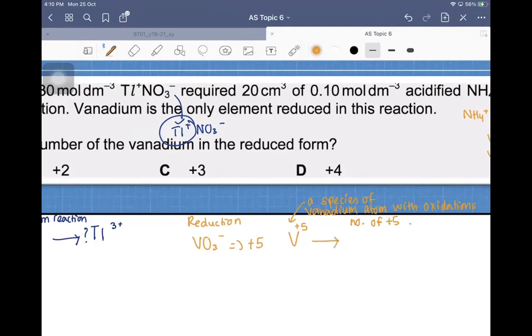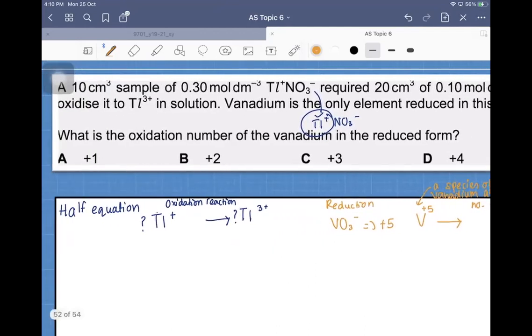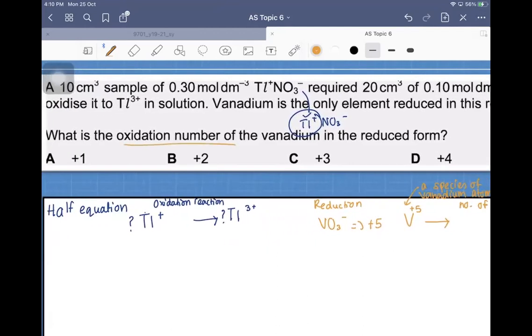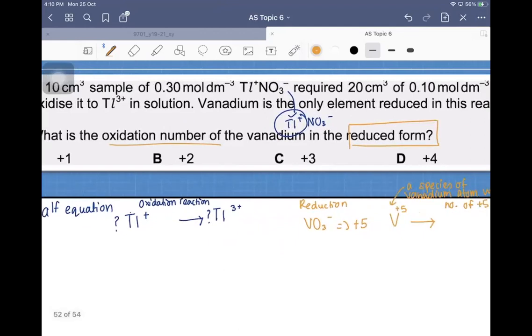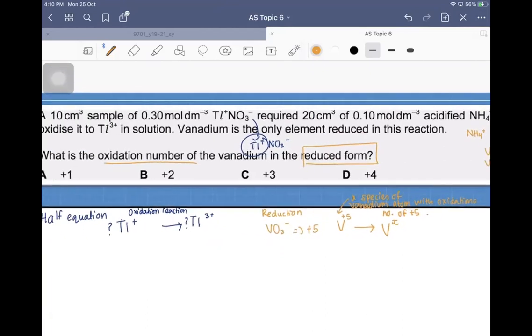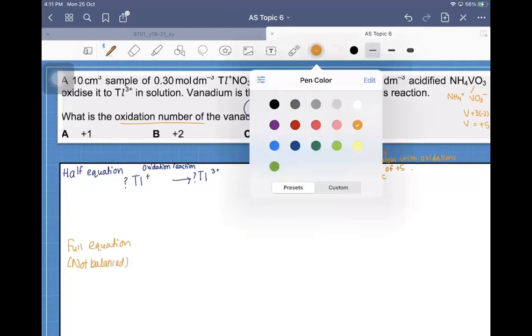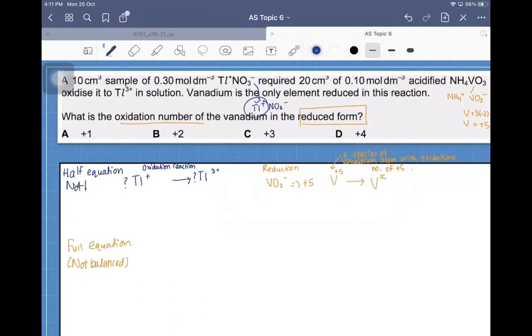So we know that vanadium starts from +5 and is reduced to, that's the question, what is the oxidation number of the vanadium in the reduced form? So vanadium will be reduced to a number X. In full equation, but not balanced, please bear in mind they are not balanced. Same for the half equation, not balanced as well.